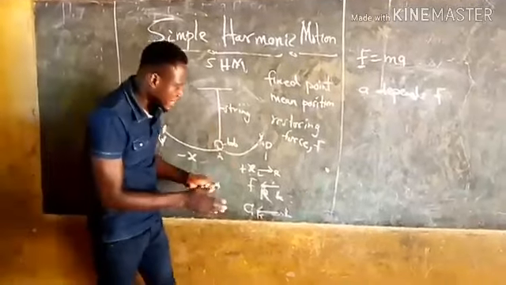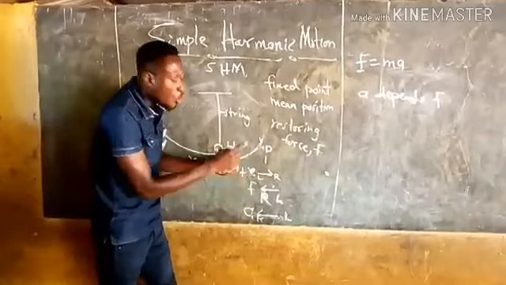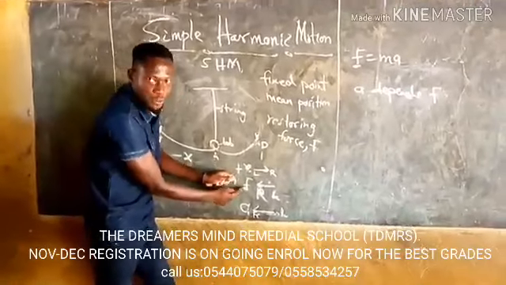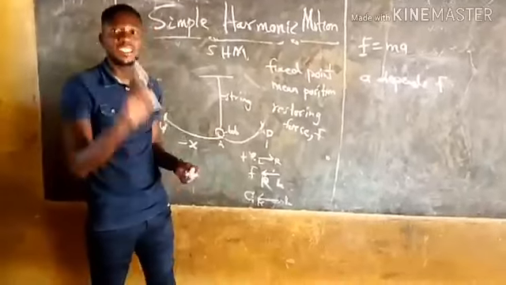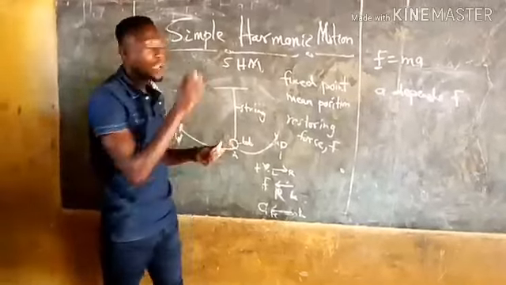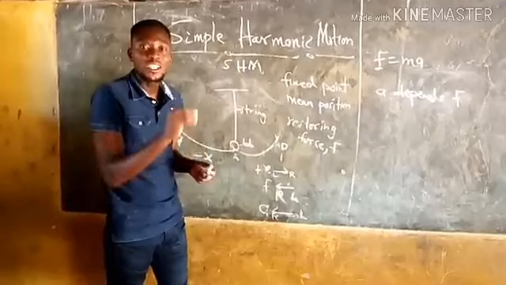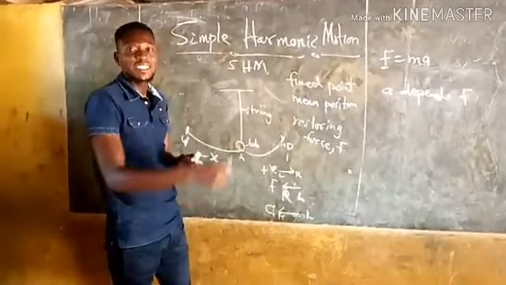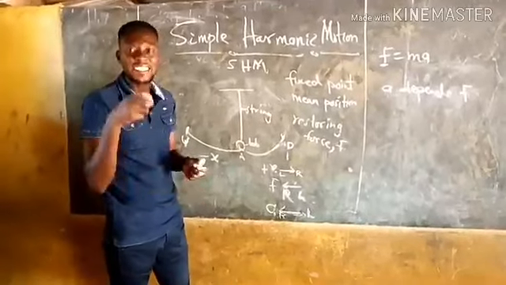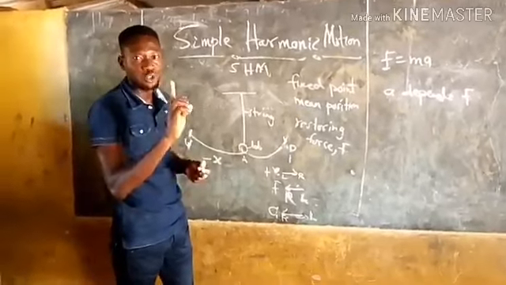So we can say that the displacement is in the opposite direction to the applied force and also in the opposite direction to acceleration. So this is the first condition. Whenever a body is undergoing simple harmonic motion, the displacement of the body should be in the opposite direction to its acceleration.